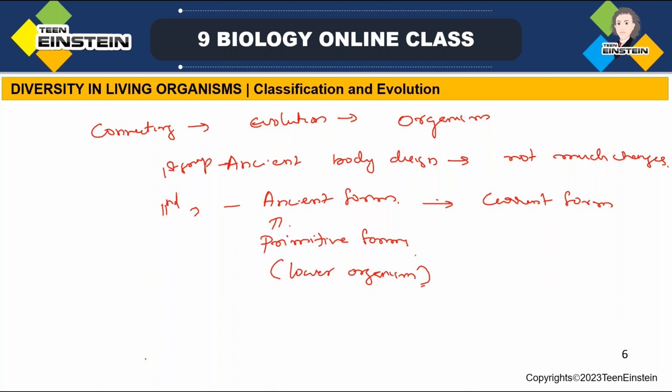Those features got evolved, and the recently seen forms might have evolved from these primitive forms. The second group, the current one, you can call the higher organisms. That's how the concept of primitive forms and higher organisms came.